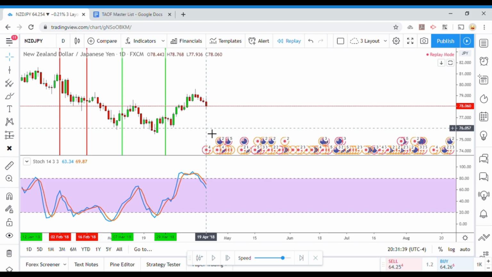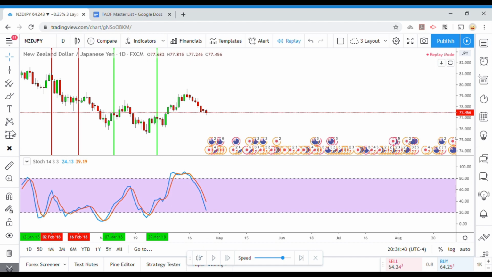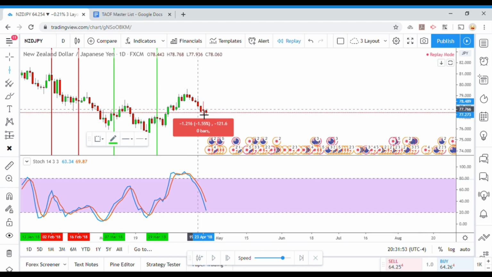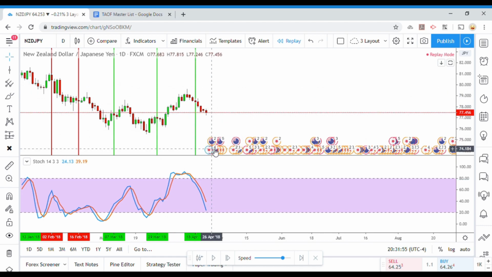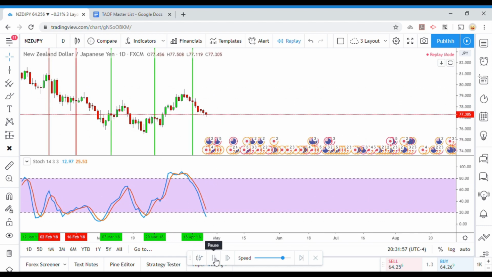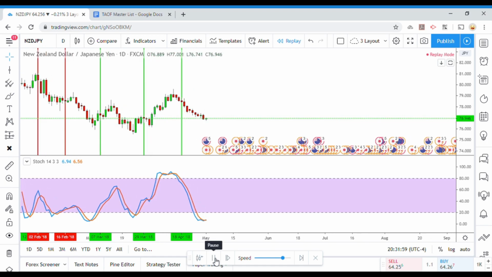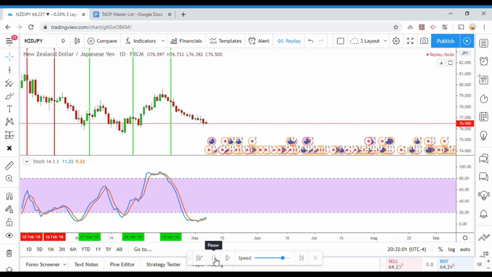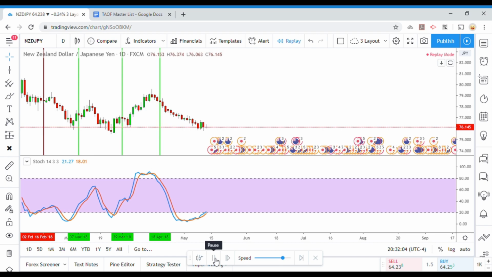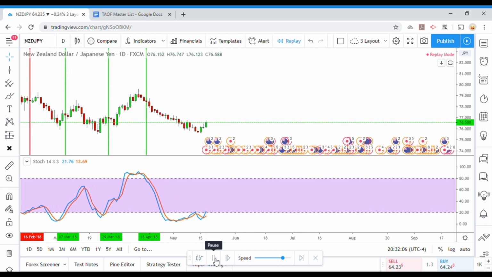Things are looking up a little bit there. Alright. Got a cross there. That's our entry candle there. Another winner. Winner, winner.